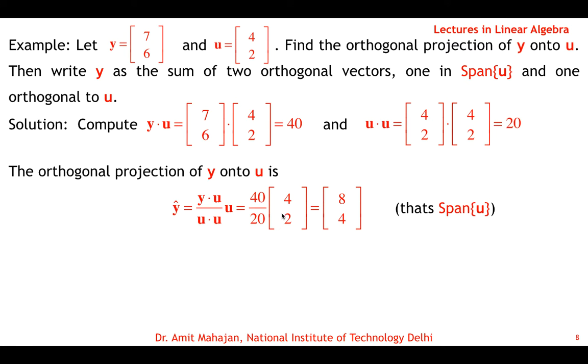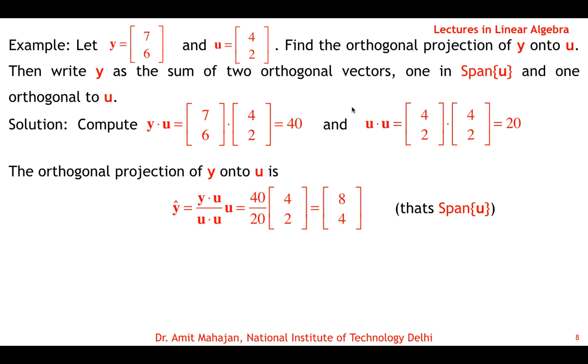So these values we can substitute. U vector is 4 2. Immediately we have this y cap, which is this scalar alpha times u, so it is in the span of u, and so it is the orthogonal projection of y onto u.